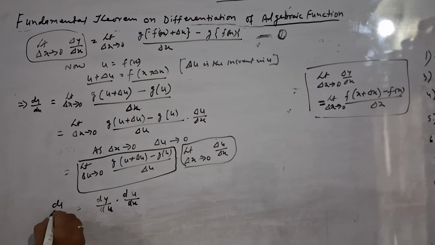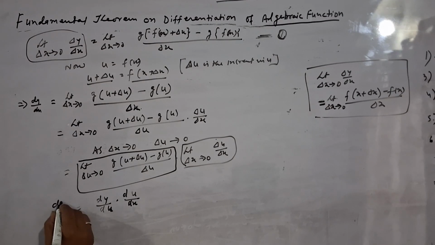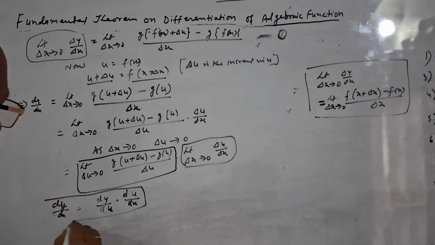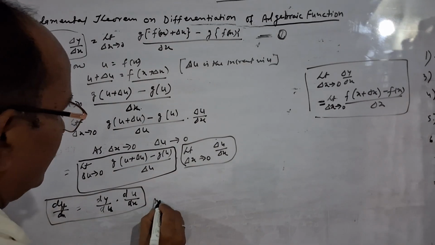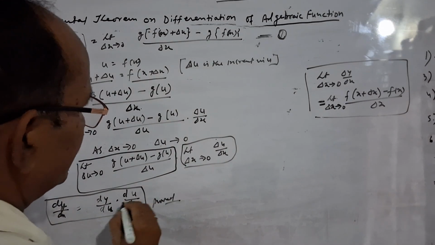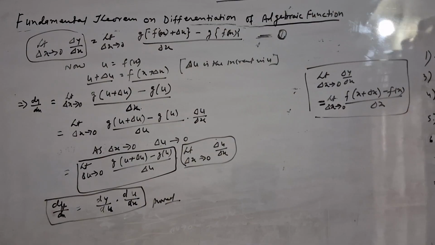Therefore dy by dx equal to this. This is the proof in case of composite function.